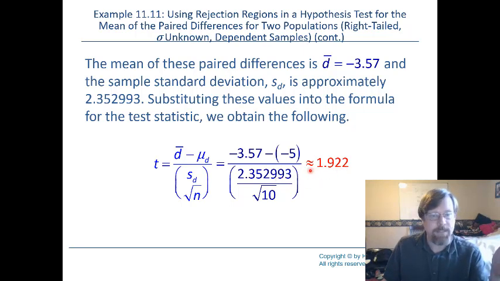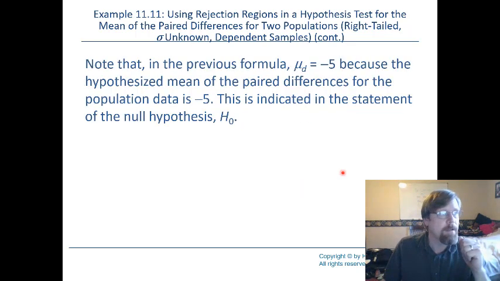I say approximately because we are going to be rounding at some point to report this. Right, we use -5 for the mean difference because that's our hypothesized difference from the statement of our null hypothesis.